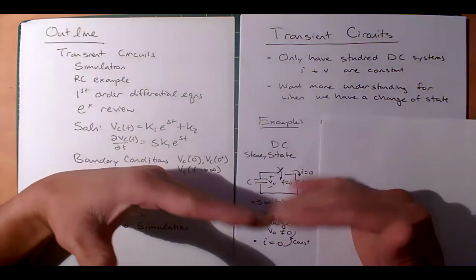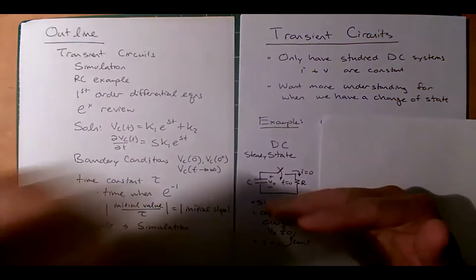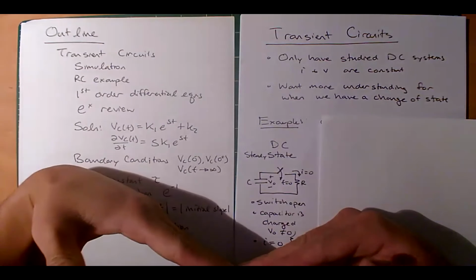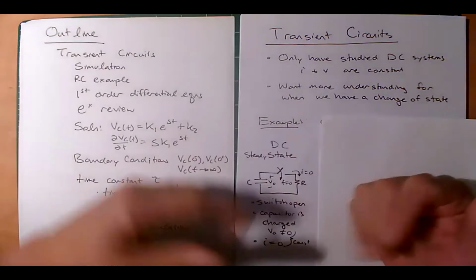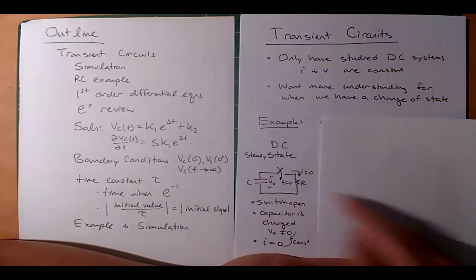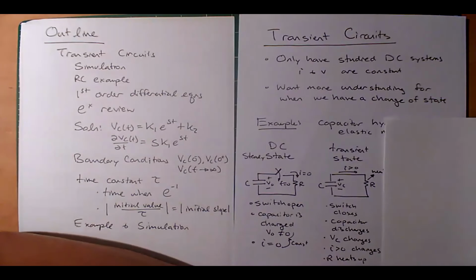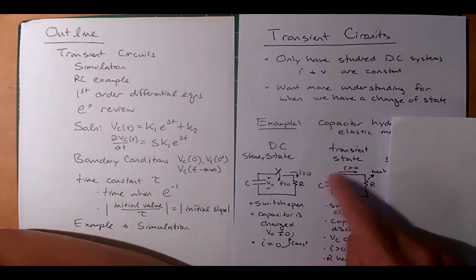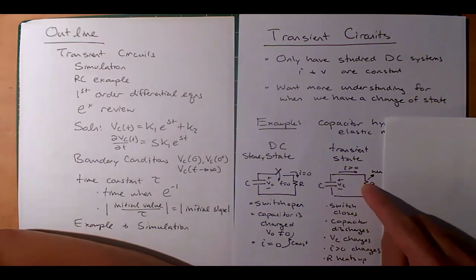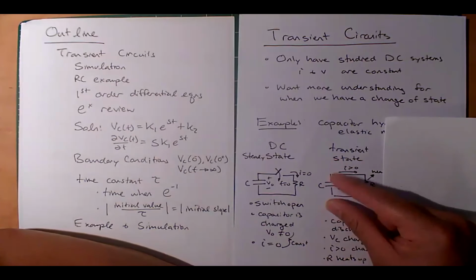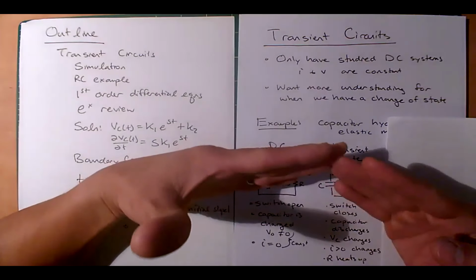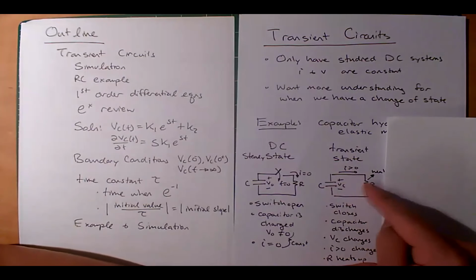Remember, we've modeled the capacitor as a spring, an elastic membrane. So it's charged now. Once I close this switch, it's going to release that energy and dump it into the resistor, right? In the transient state, the current is now positive and this resistor gets hot, of course. All that energy goes to heat, and this voltage is going to be decreasing because the pressure is releasing off into this resistor and burning off as heat.